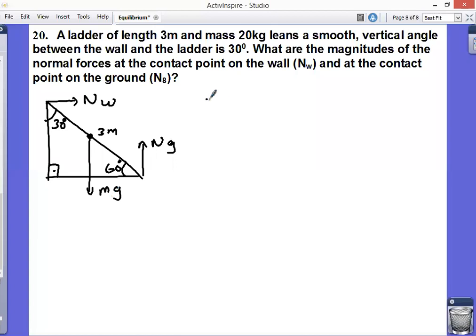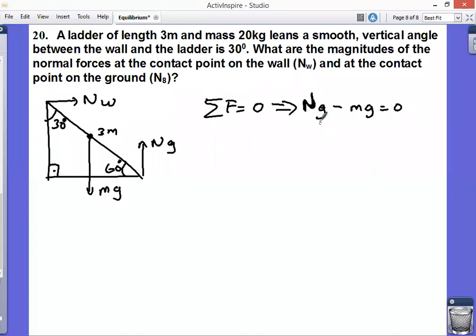So the total force, the first condition of equilibrium, will be 0, right? So NG minus mg is going to be 0, okay? This G is not the G that we know.